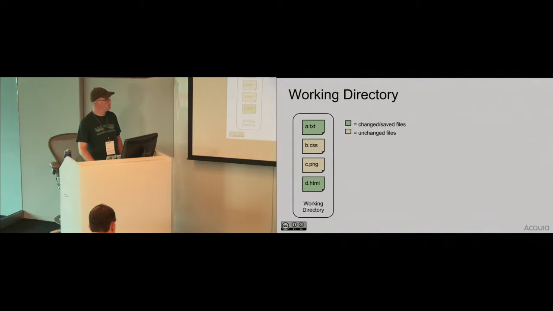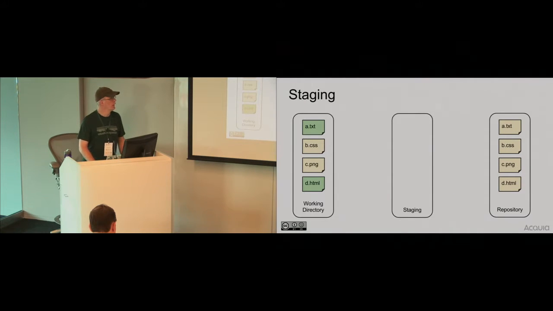So like I was saying before, the working directory is where you have all of the files that you're normally working on. These may be module files, CSS files, theme files. I just used two different colors to say that I've made changes to a.txt and d.html. Those are obviously made up names, but what happens is when I have the repository that's got all the old stuff, let's say I've made these changes and I want to save the changes that I made in A, but D isn't really, I just had to change something that didn't matter, that I don't want to put in the repository yet.